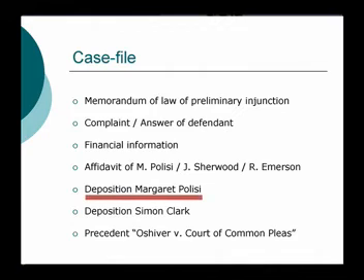You turn the page and there you go, you will find depositions. At first, deposition by Maggie Polisi, then deposition by Simon Clark. We discussed deposition in class on litigation. Deposition is a false friend. It does not refer to statement given in court by party or witnesses.